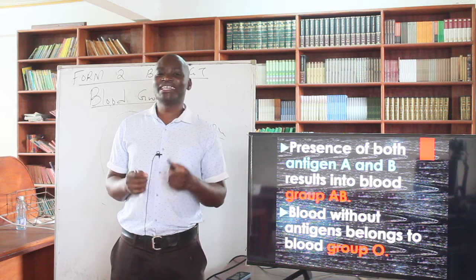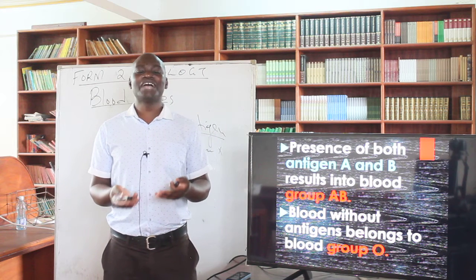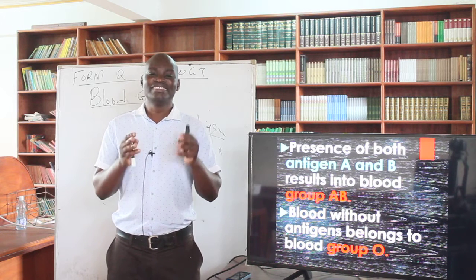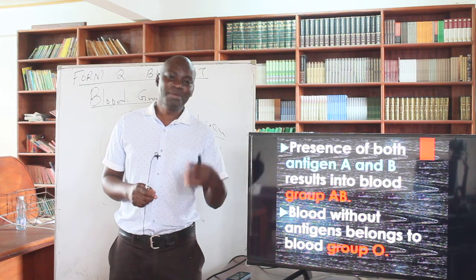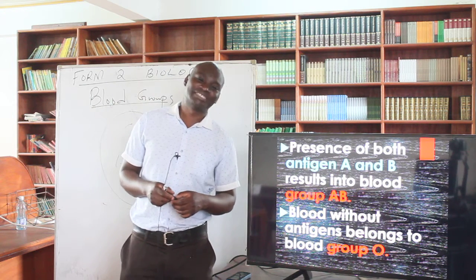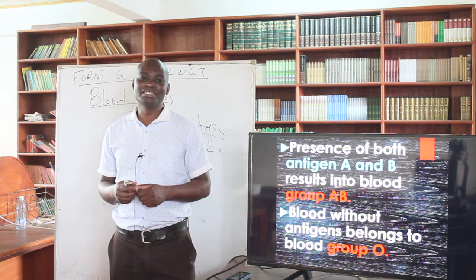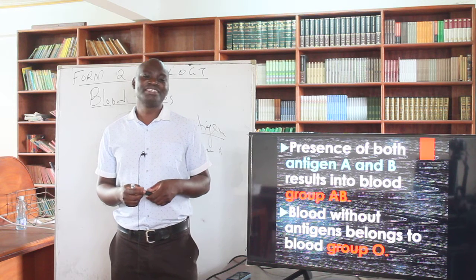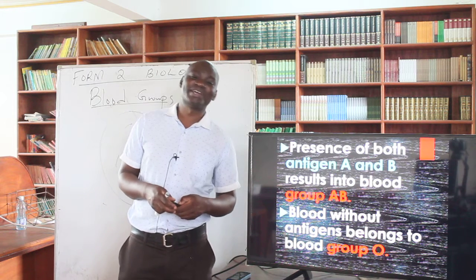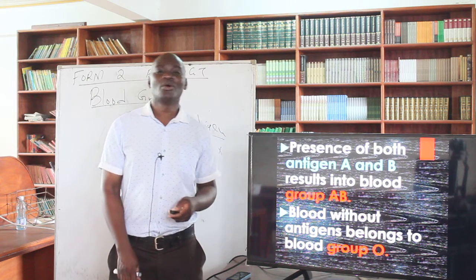And finally, we have another category of individuals who actually lack the antigen A or B, meaning the plasma membrane of their red blood cells does not possess any of the two antigens, that is antigen A and B. Such individuals belong to blood group O. So you know why if you are O, you are categorized as O. When you are categorized as B, AB, you know the reason why.